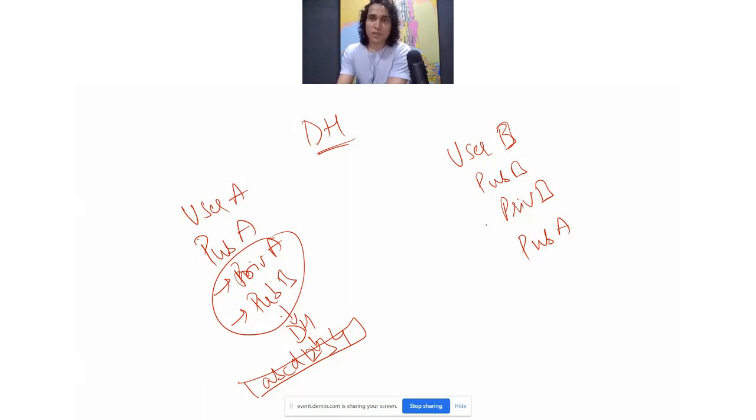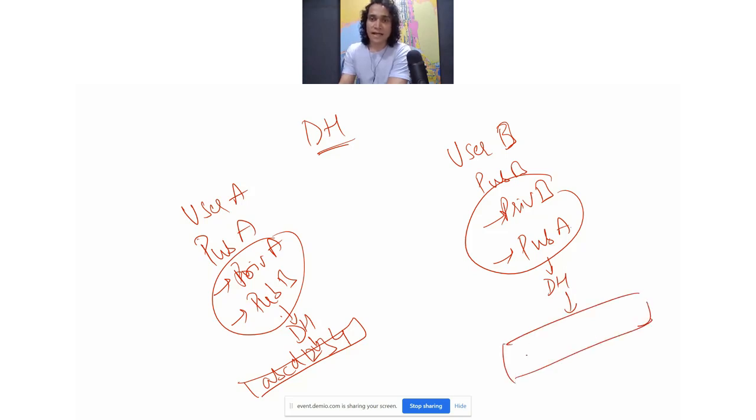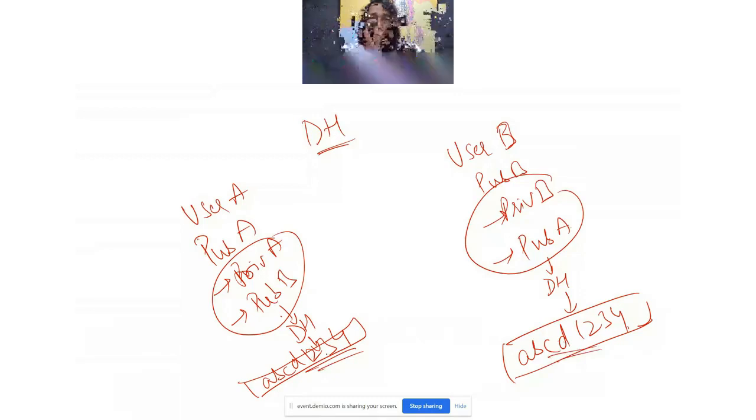Then on the other side as well, user B also takes his own private key and the other person's public key, runs it through the DH algorithm, and it also arrives at a random value, which is ABCD1234. And you see both of them have arrived at the same value, right?